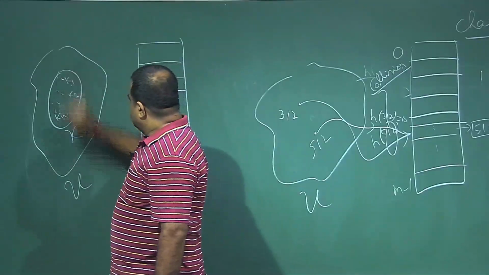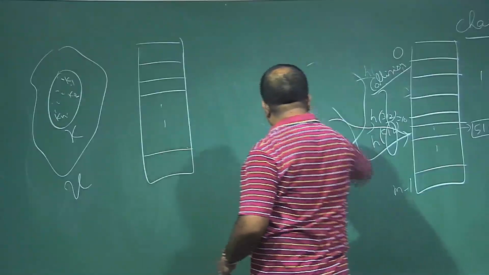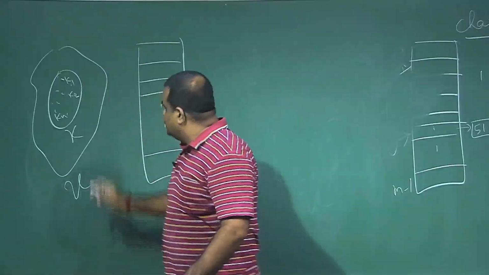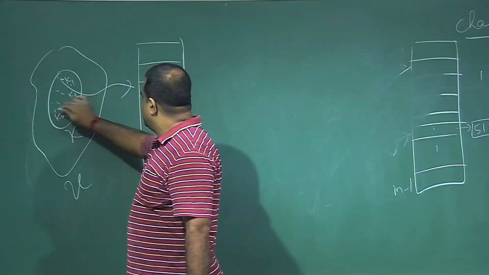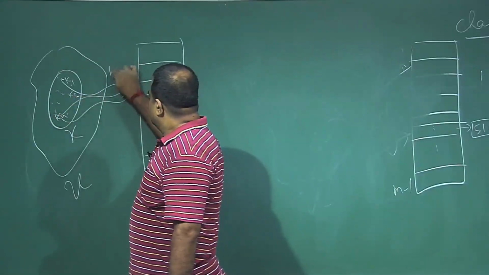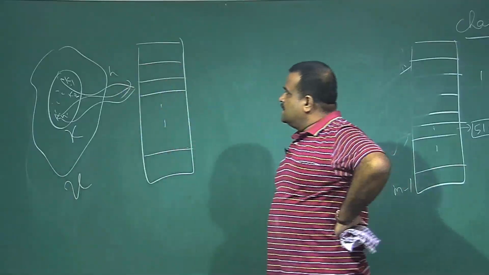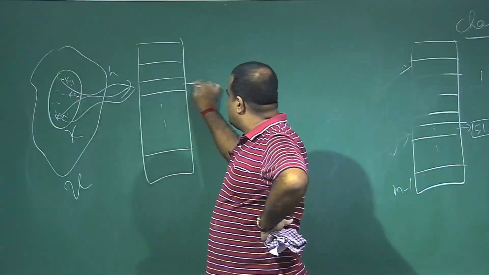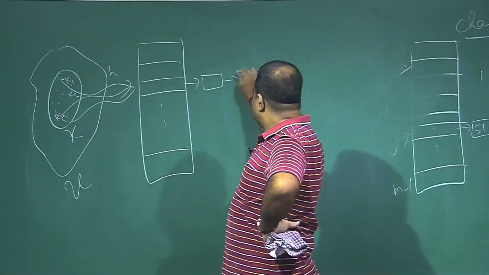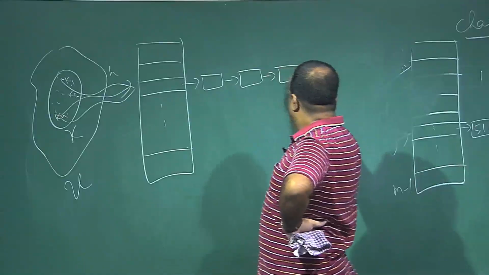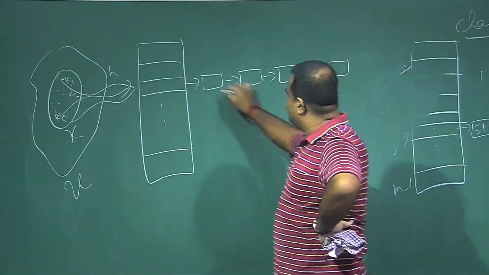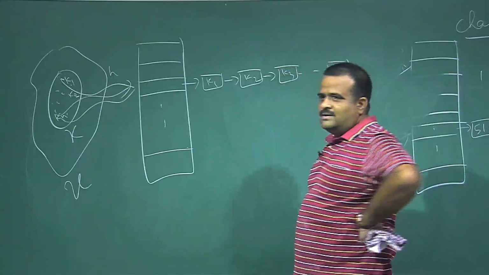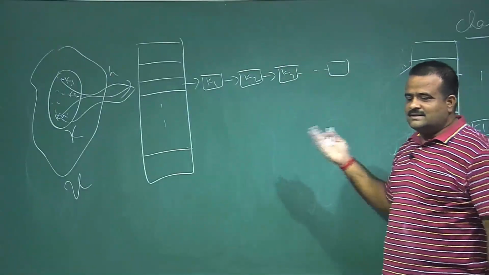Now we apply the hash function and put them into the table. In the worst case, it may happen that all the keys go to the same slot. That is called the worst case.